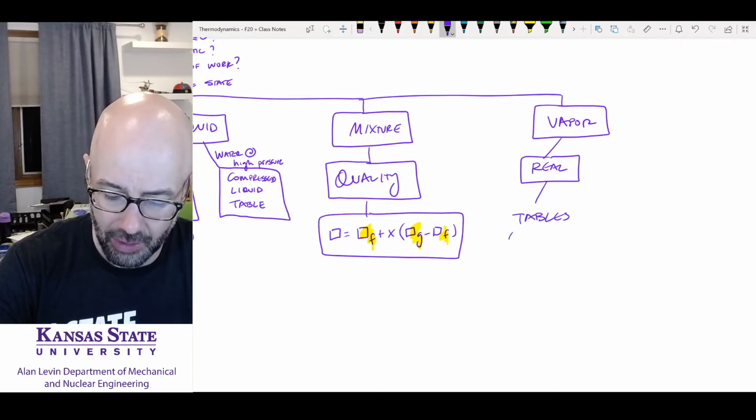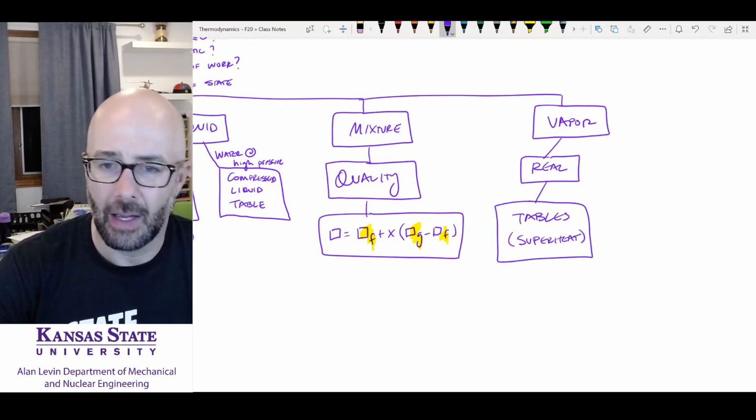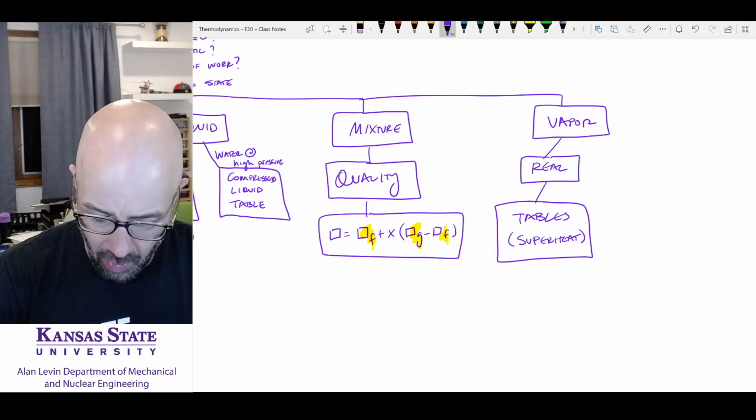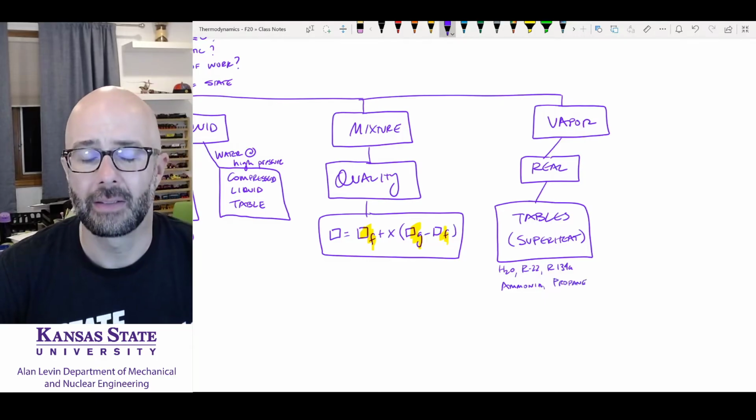This is basically going to be superheat. So things like water, R22, R134a, ammonia, and propane. Okay, that's what we can use there.